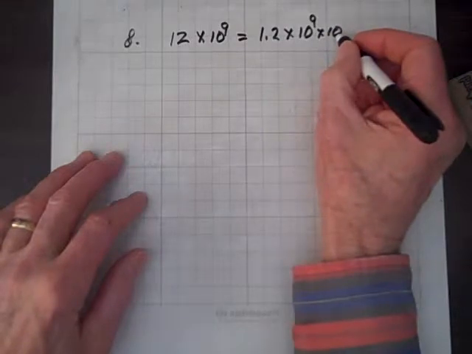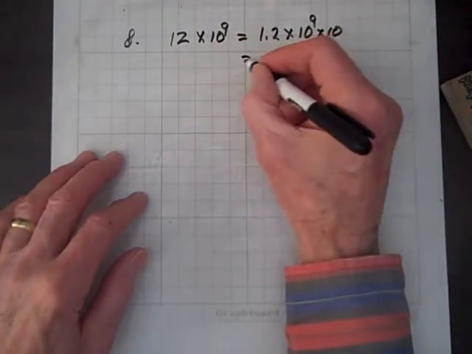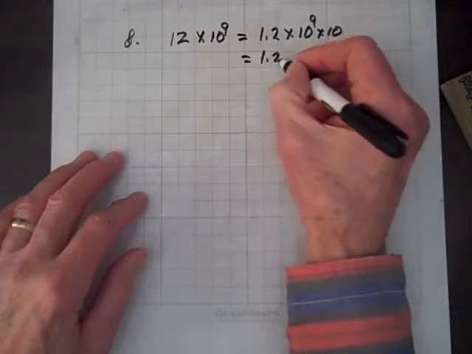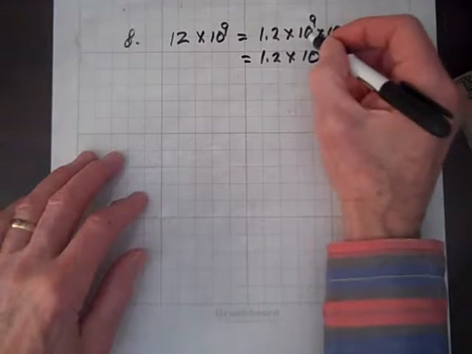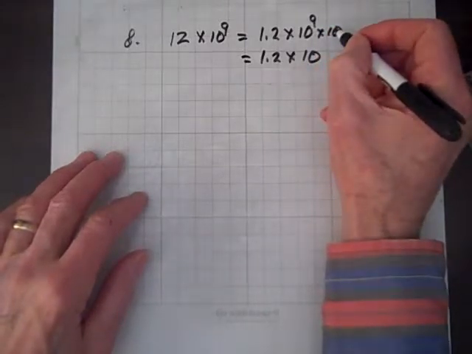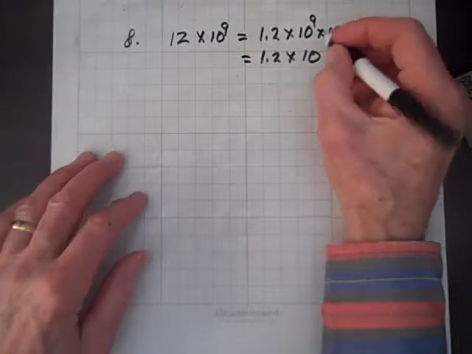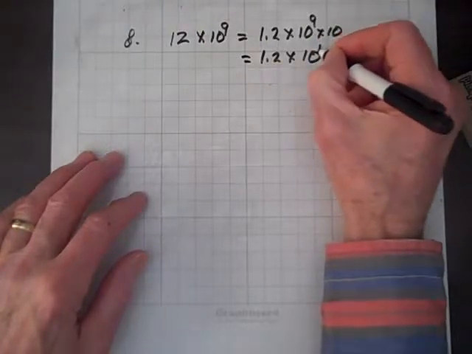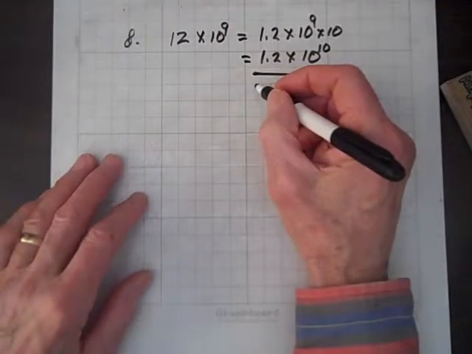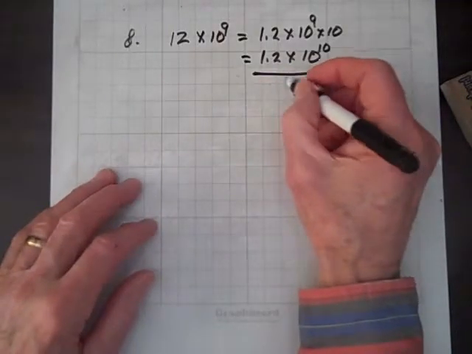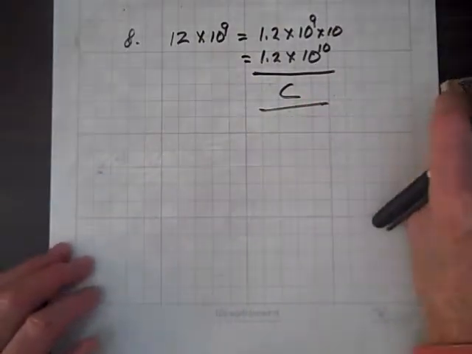And notice, if we multiply 10 times 1.2, we'll have 12. And now we have 1.2 times 10, and since the bases are identical, we'll add the exponents, and the exponent here is 1. It's understood. And 1 plus 9 is 10, and we've got it. And that is C, the corresponding letter.